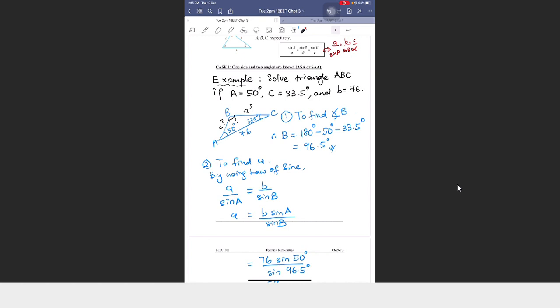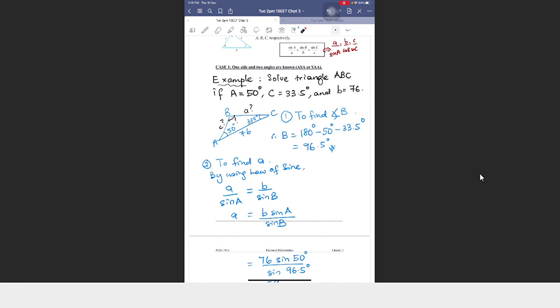It's very straightforward: you just subtract the given angles in the question from 180 degrees, and you get your third angle. The second step is to find the missing length or side. In that case, it doesn't matter which one first.